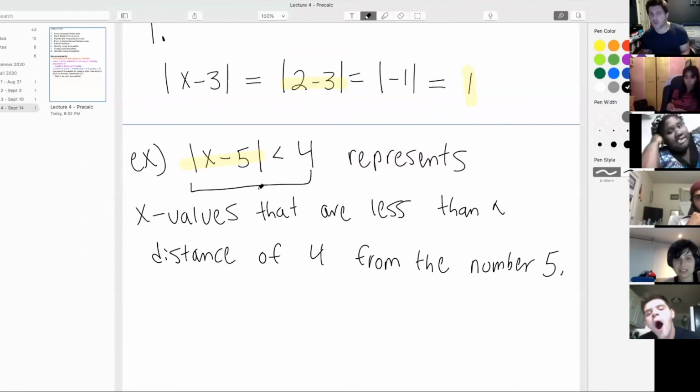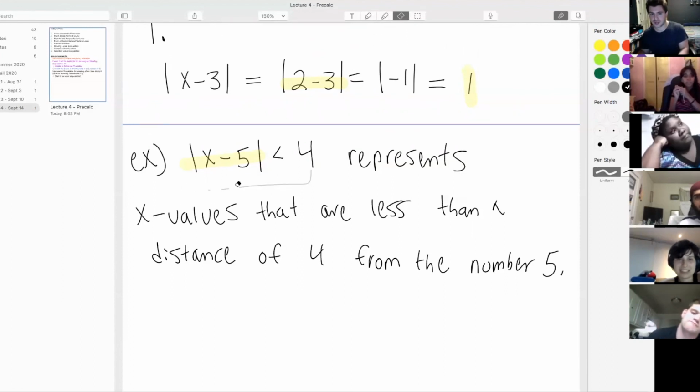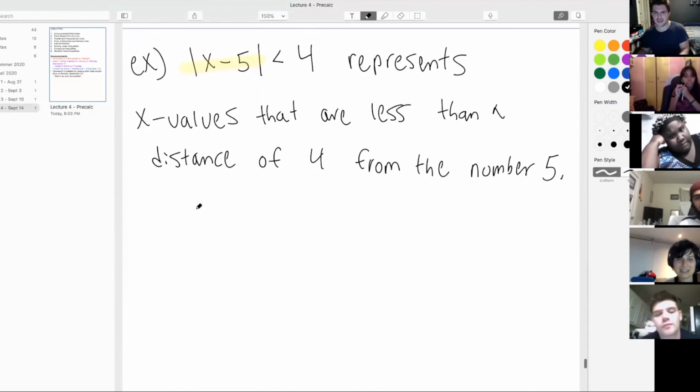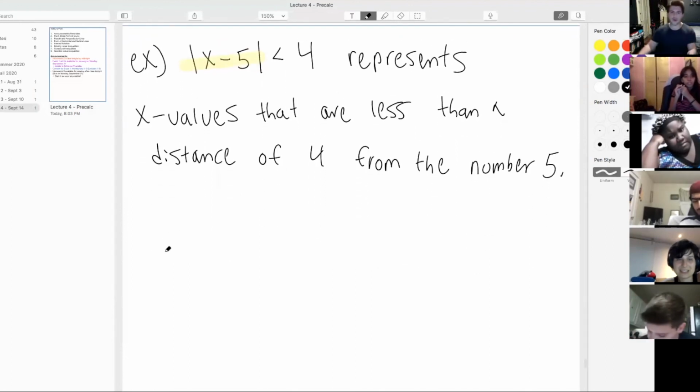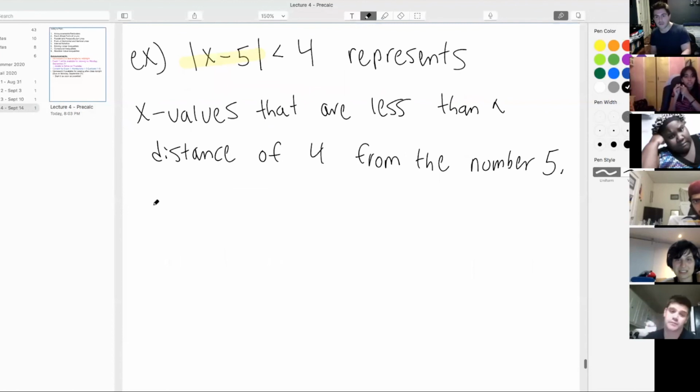Yeah, so we're going to have to transform this into a compound inequality, and then we can add 5 to all sides, which we'll get to right now. But yeah, so you cannot just add 5 to both sides.